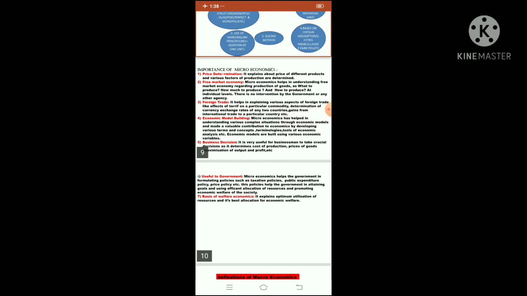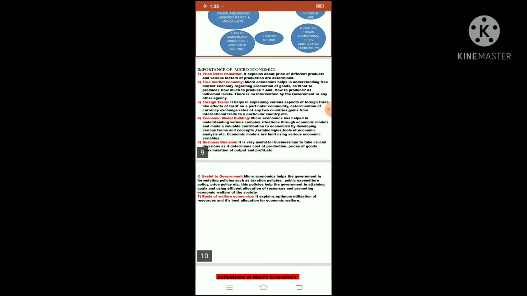The producer has to think how much to produce, when to distribute, and what price to set for the product. For these processes, government doesn't interfere. So they have a free market economy in microeconomics.